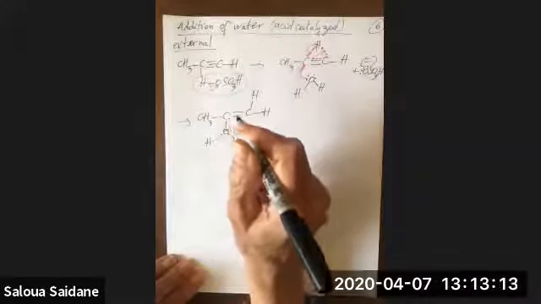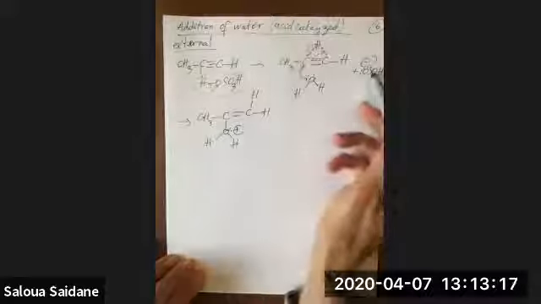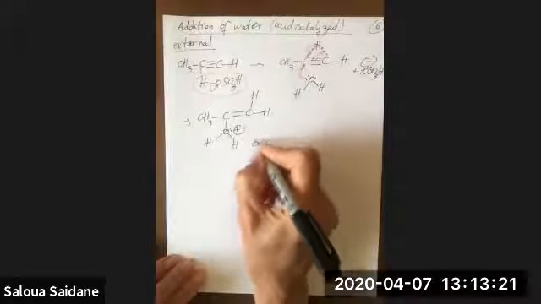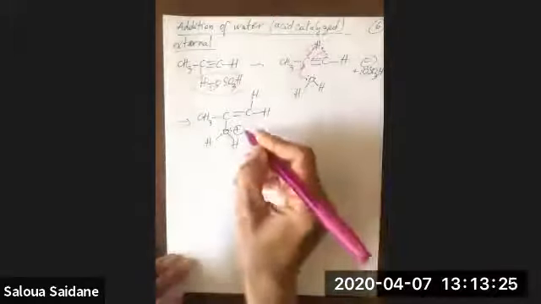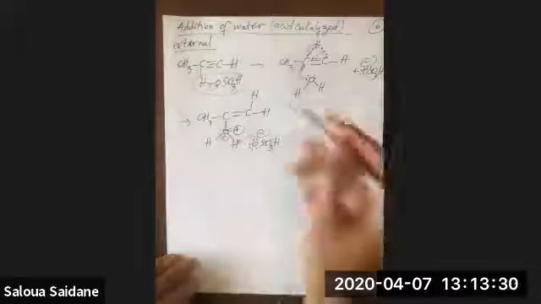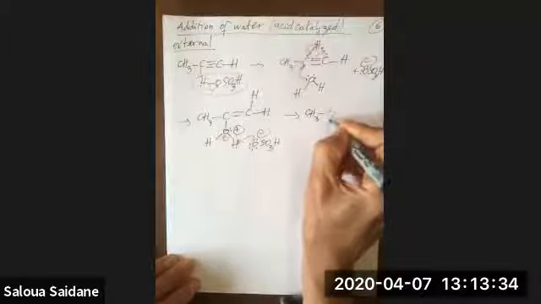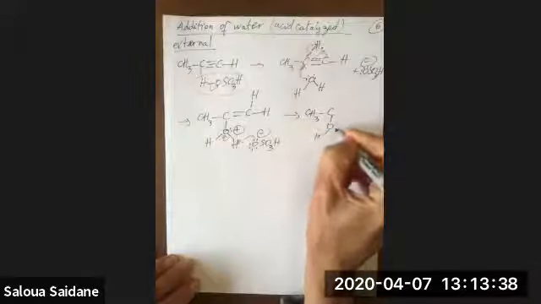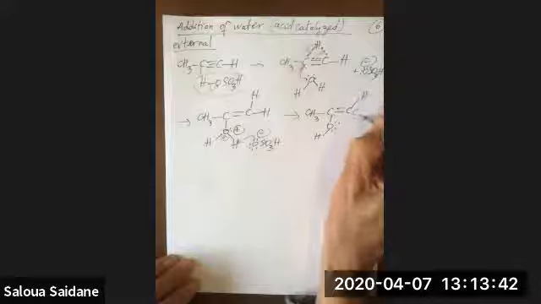Okay, but this is positive, so that's when our catalyst comes in. It's deprotonation. This is also similar to what we've done in the previous chapter. And you end up with CH3, COH, CHH.